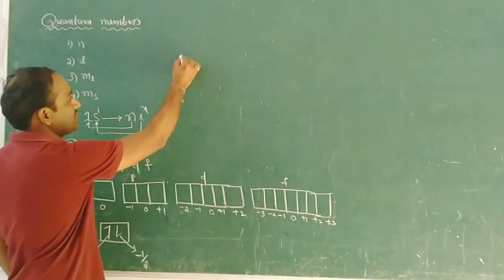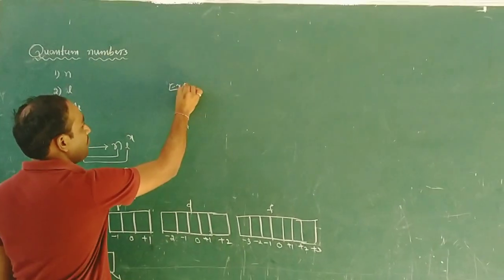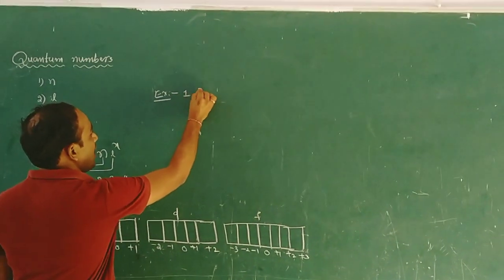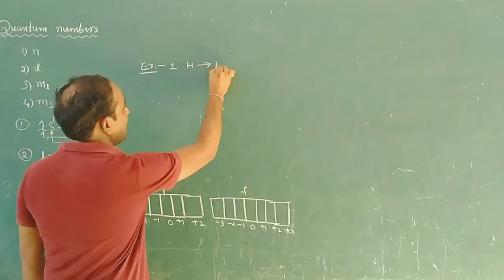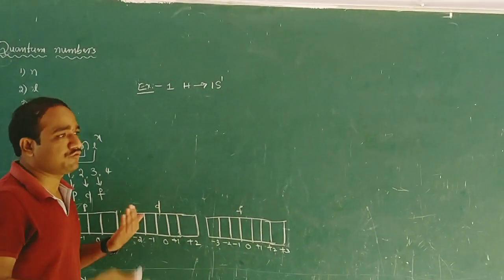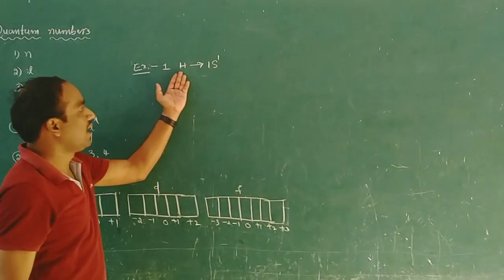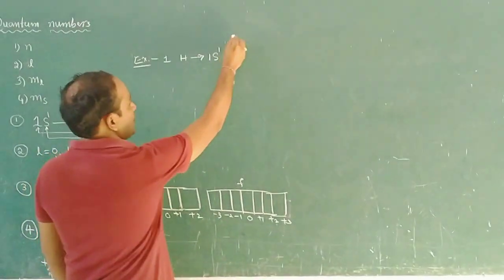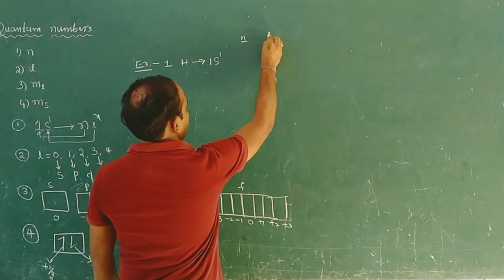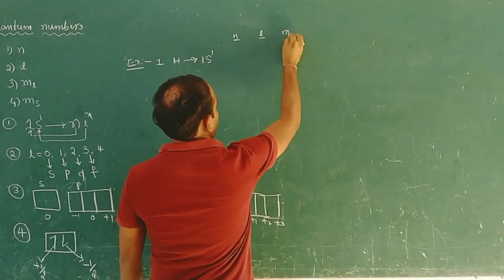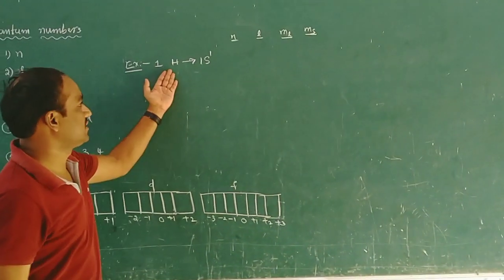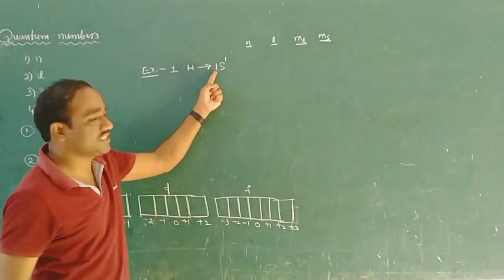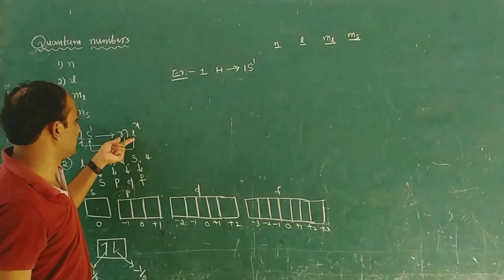So let us see some examples. First, atomic number 1, hydrogen. The electronic configuration is 1s1. Write the 4 quantum numbers of the hydrogen atom. Here the first one is n, the second is l, the third is ml, and the fourth is ms. For these 4 quantum numbers, first we compare with the nlx method.